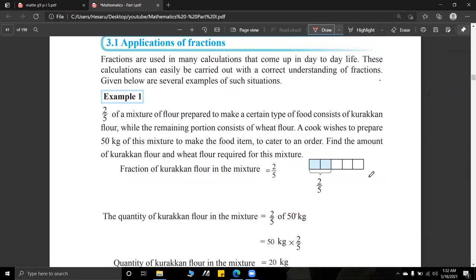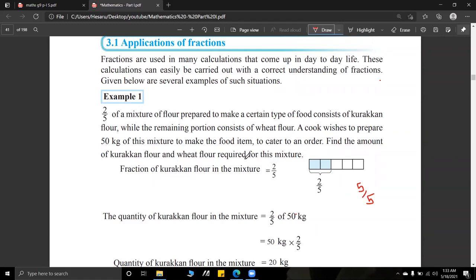It means the total part is 5/5, and now they are saying that from the total part, 2/5 is kurakan flour. A cook wishes to prepare 50 kilograms of this mixture to make the food item to cater to an order. Find the amount of kurakan flour and wheat flour required for the mixture.